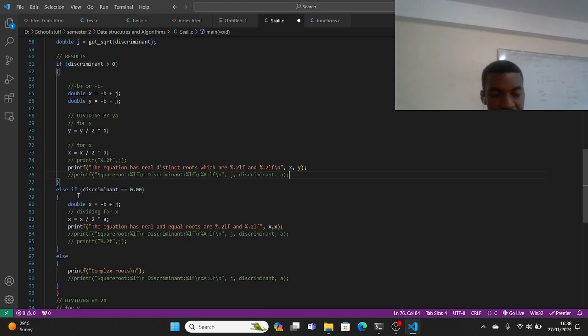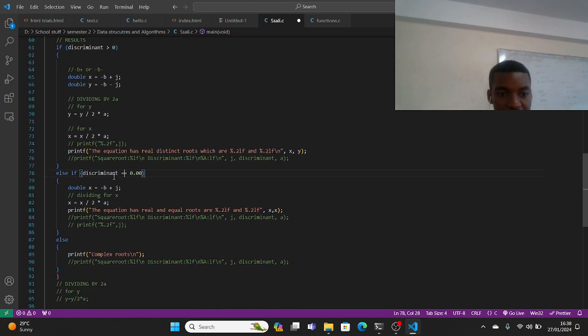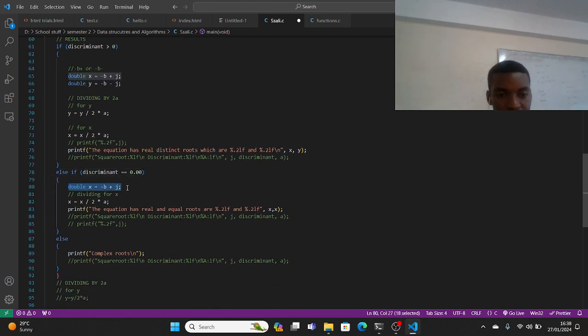Else if, this is the other option, if the discriminant is equal to 0. Once the discriminant is equal to 0, the square root of 0 is 0, so we can't have two values. We shall have one value for the root, which are actually equal roots. So from here, after we have gotten our j, which is the square root of the discriminant, I just add j to negative b, divide the result by 2a, and print the result to the screen.